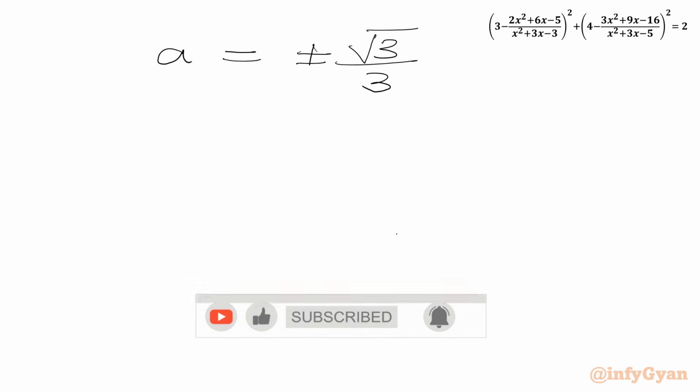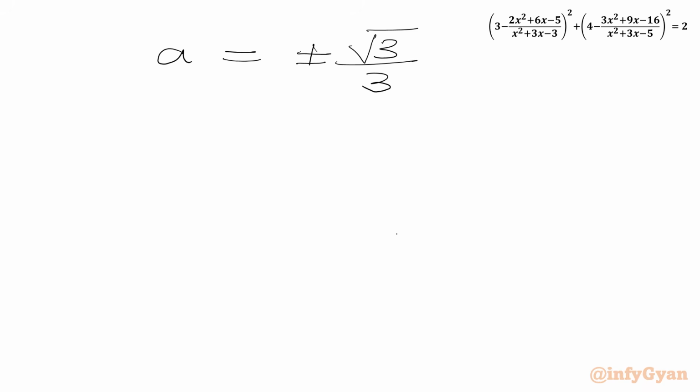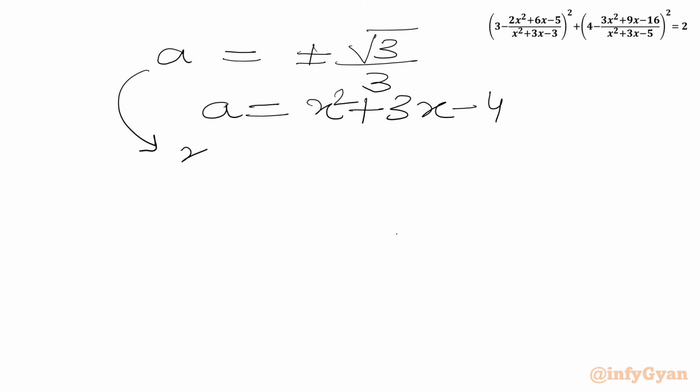A is our substitution x square minus 3x minus 4. So let me write here our substitution A. X square, here it is x square plus 3x minus 4. So we'll write x square plus 3x minus 4 equal to plus minus square root 3 over 3.